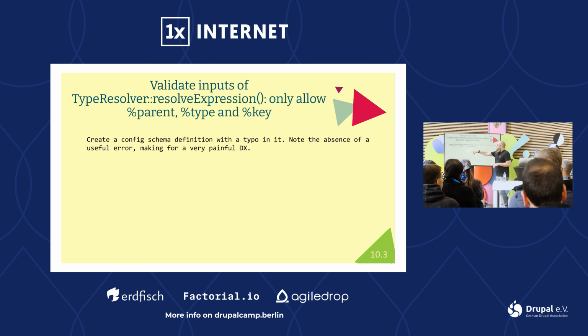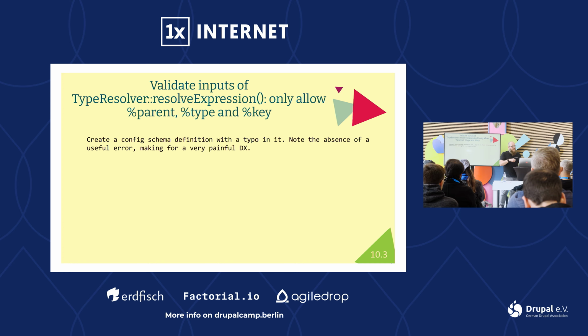And type resolver is a thing that, in a config schema definition, you can make some things variable or depend on other things by using %parent or %key to refer to, for example, this part of my config schema is only valuable when another checkbox is set. So these kinds of things are optionally validatable or optionally configured in your config schema.